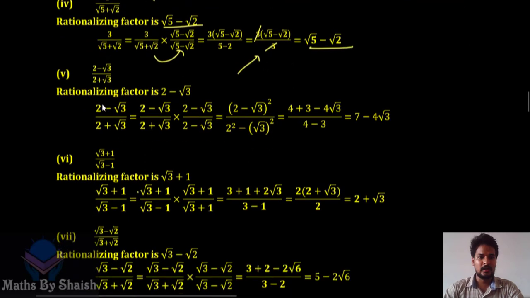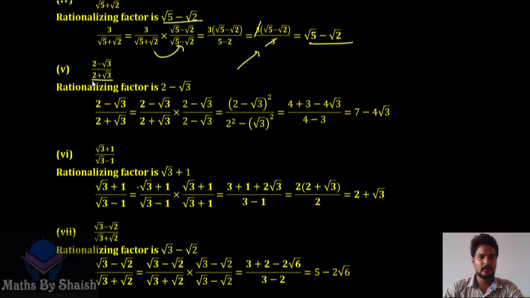And here also we only need to focus on the rationalizing factor of the denominator, that is of course 2 minus root 3 in this case, because it was 2 plus root 3, and multiply in numerator and denominator both. In the denominator we got a square minus b square, but in the numerator we got a minus b whole square, because we are multiplying the same number twice, so it becomes a square.